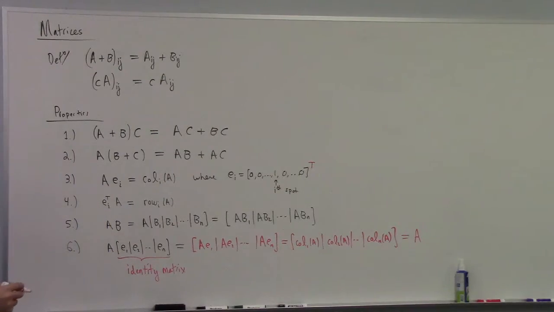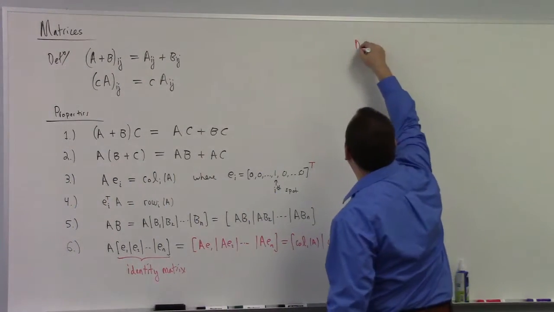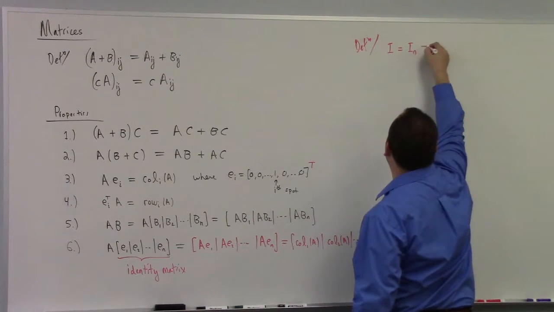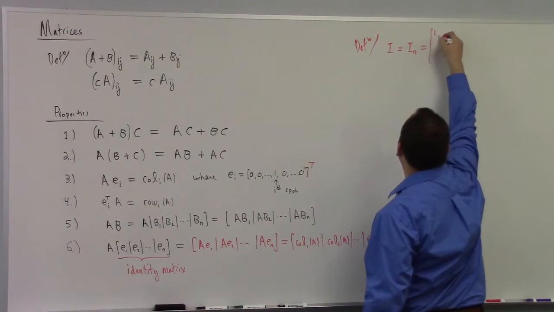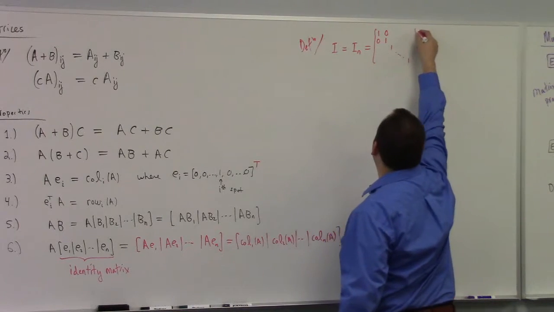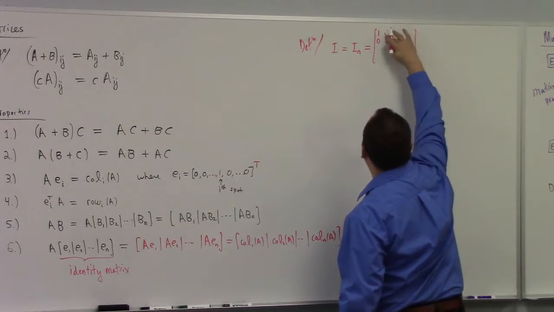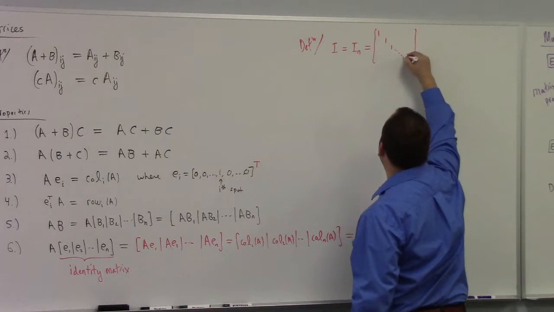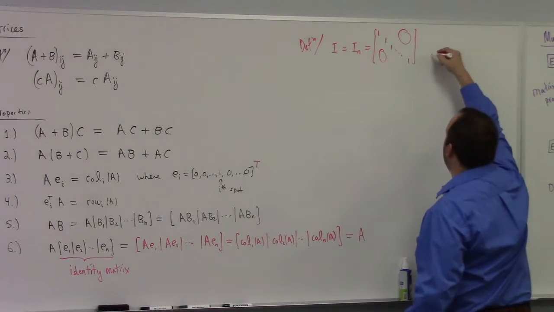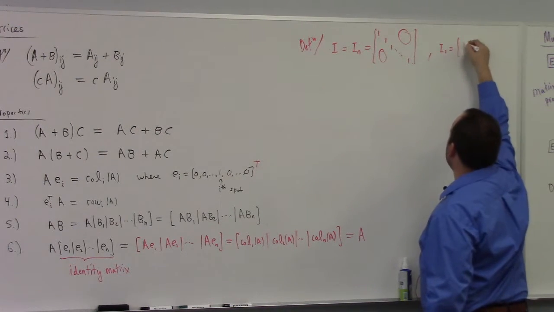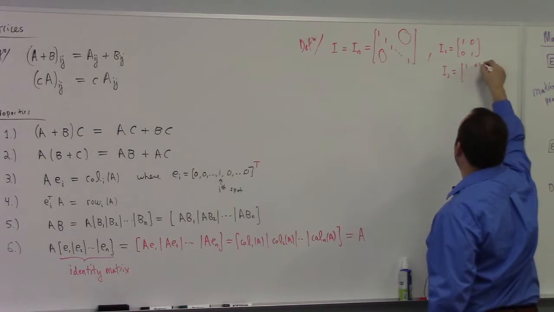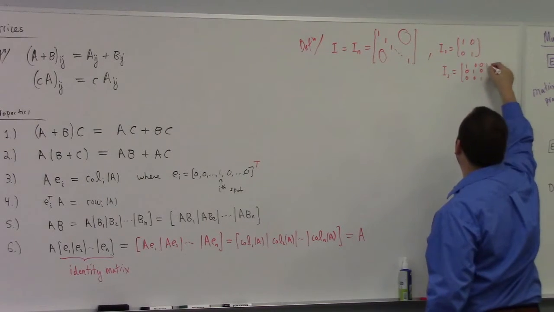The identity matrix, I, or sometimes I_n if you want context, has 1's down the diagonal and 0's elsewhere. Or sometimes when people want to write a matrix like this, they'll put 1's down the diagonal and then 0. This is a common notation. So, for example, I_2 is [1, 0; 0, 1], or I_3 is [1, 0, 0; 0, 1, 0; 0, 0, 1].